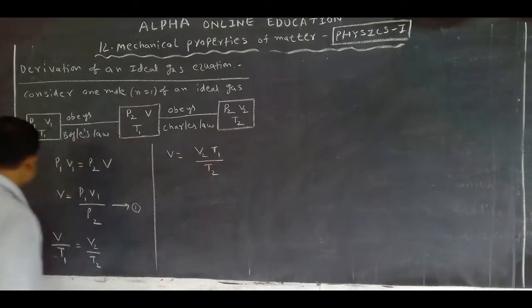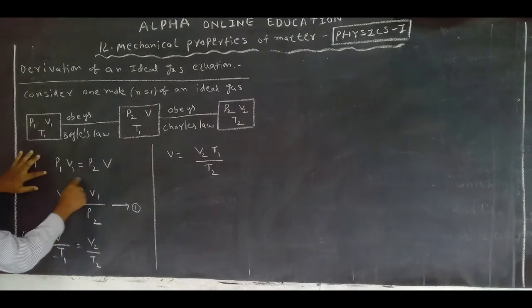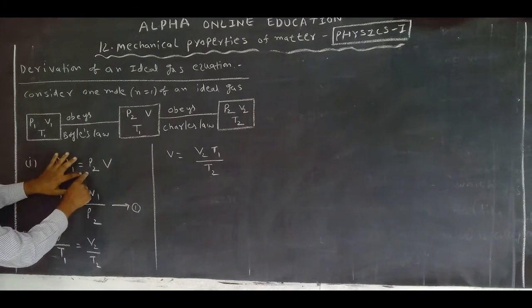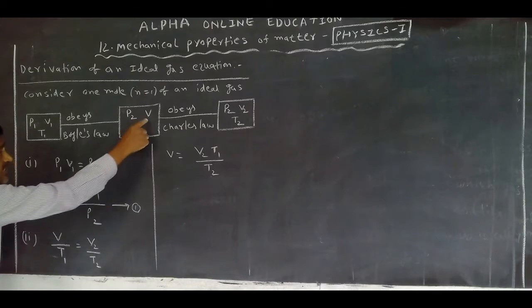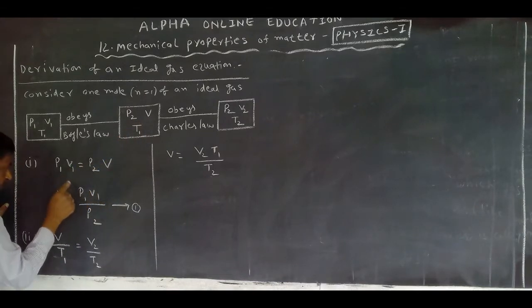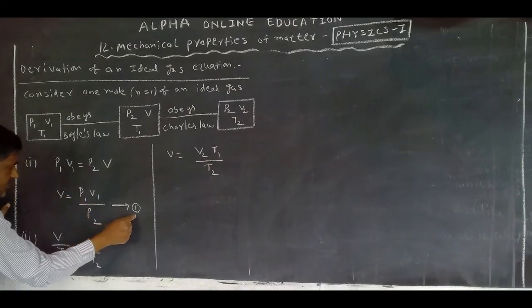But first, which law? Boyle's law. What is the actual Boyle's law? P1 V1 is equal to P2 V2, and instead of V2, here V. So cross multiplication gives V is equal to P1 V1 by P2, equation 1.